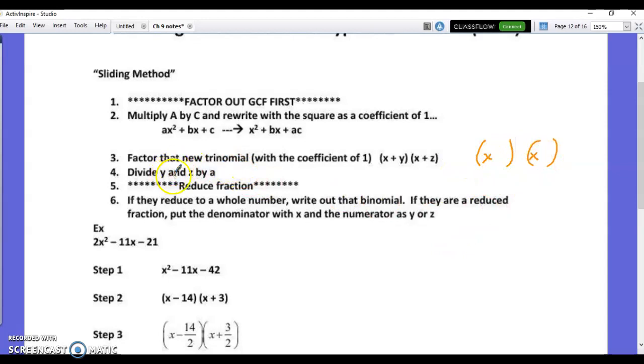At the end of that, you're going to divide your y and z, so whatever numbers you come out with when you factor that form, you're going to divide these numbers by whatever your original A was. And this will make more sense, I think, as we go through it. After you do that, you're going to reduce this fraction. So if you have a calculator that can reduce fractions, you're going to want to do that.